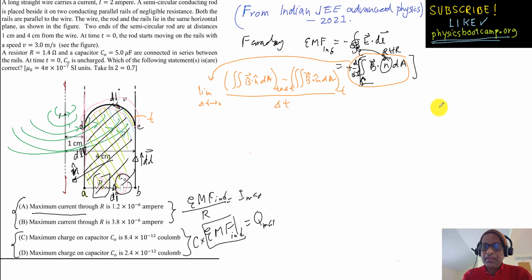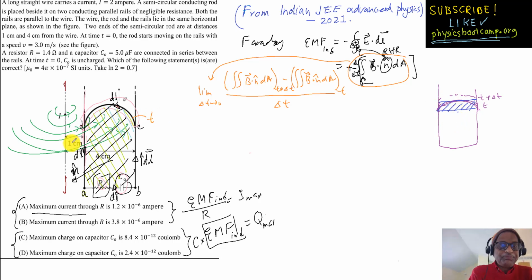So I have this, when this is at time t, and this is time t plus delta t. You can see that the new area is just this rectangle. That's the change, right?